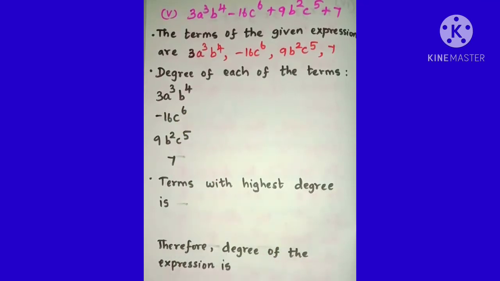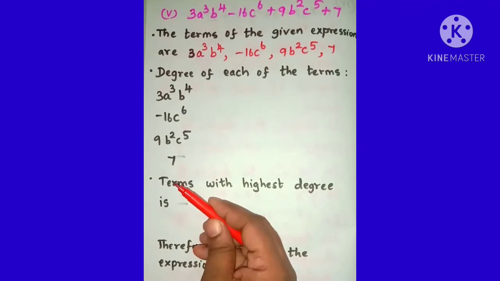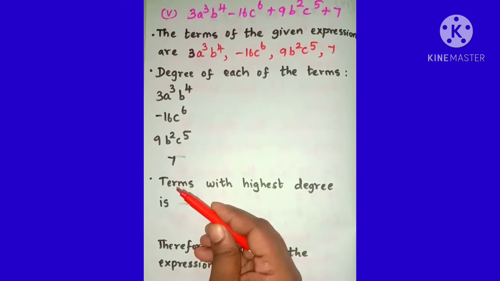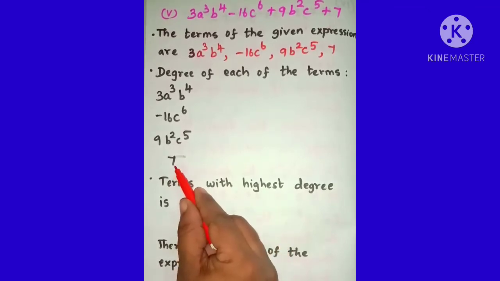So how to find the degree of each term? You have to add the powers of the variables. If it is one variable, write the power of that variable itself. And if it is a constant, the power of the constant term is 0.